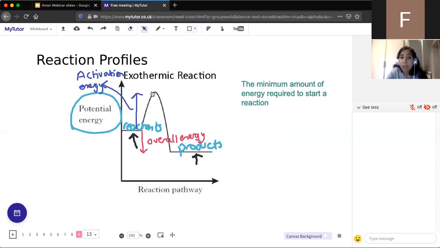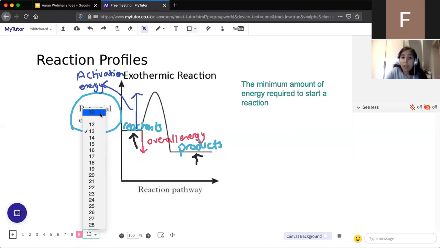When that reaction starts, straight away when the reactants react together, energy will be lost to the atmosphere. And that's why the atmosphere increases in temperature. But as energy is lost to the atmosphere, the products will obviously lose that energy. So in the overall reaction, the products will have a lower potential energy. And so the overall energy change is a decrease.